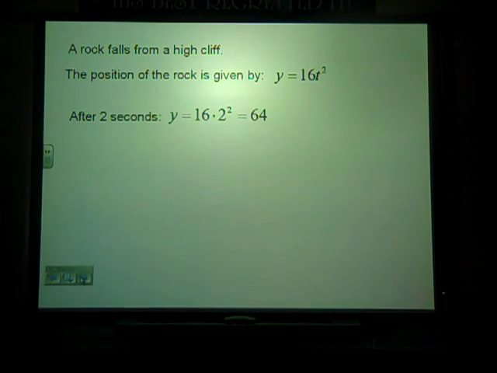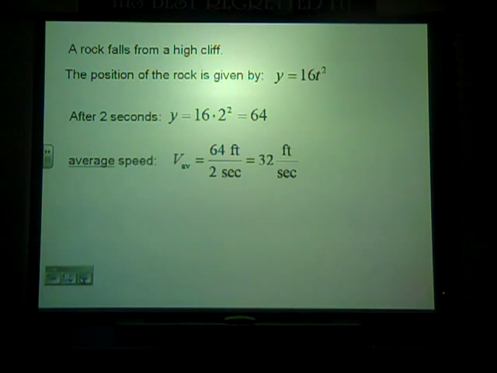That 16, recall from algebra, is just our coefficient due to gravity when we're measuring in feet. So after 2 seconds, if it's falling at those speeds, we'll put in a 2 for t, and we know after 2 seconds it's gone 64 feet. Okay, that's how far it's fallen.